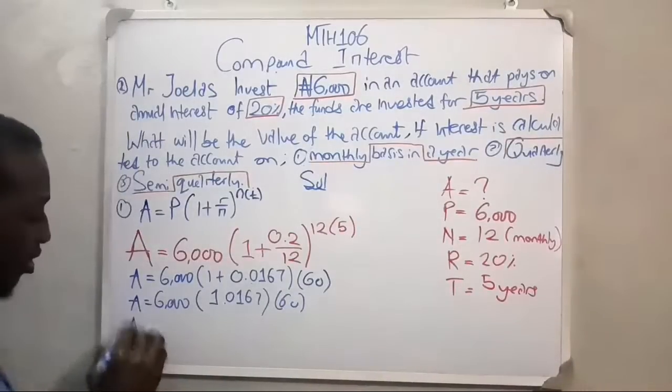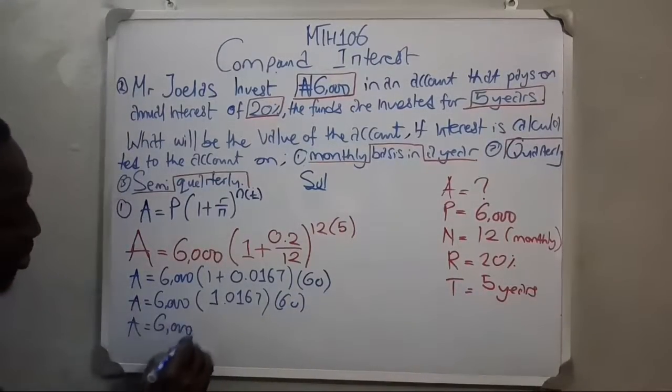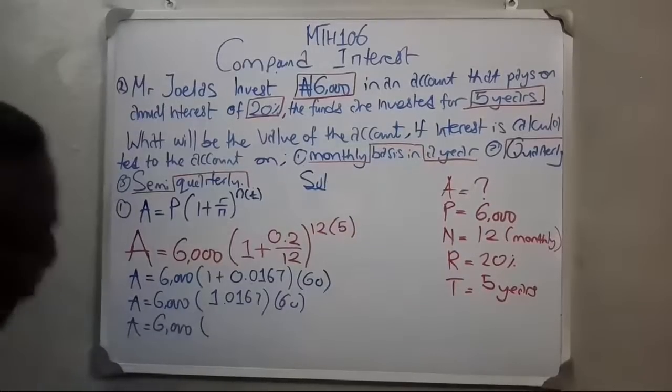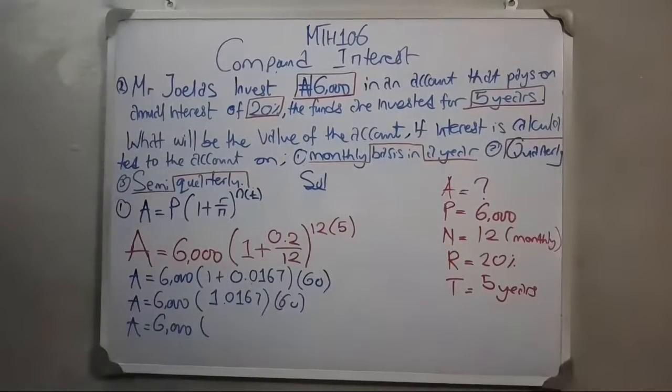Okay, so from here we have A equals 6,000, this multiplied by this. Mr. Jewelers, if you have a calculator, you can be making the calculations and helping with the answers. So we have 1.0167 by 60.